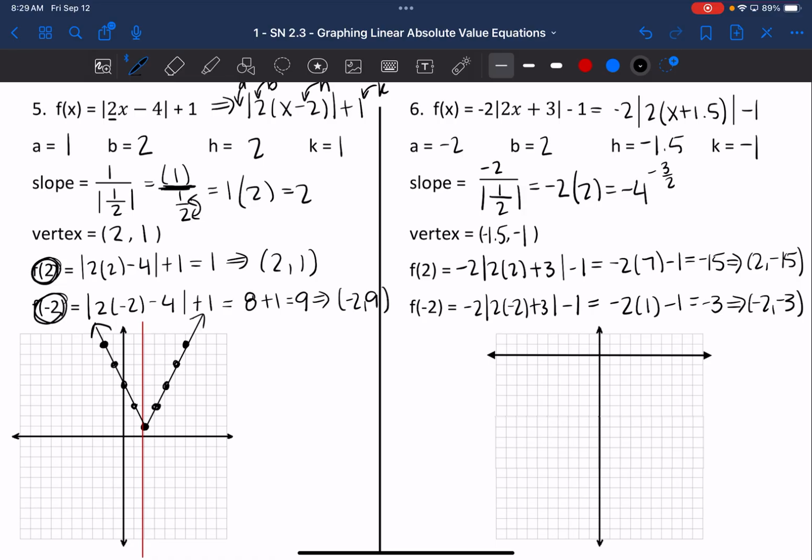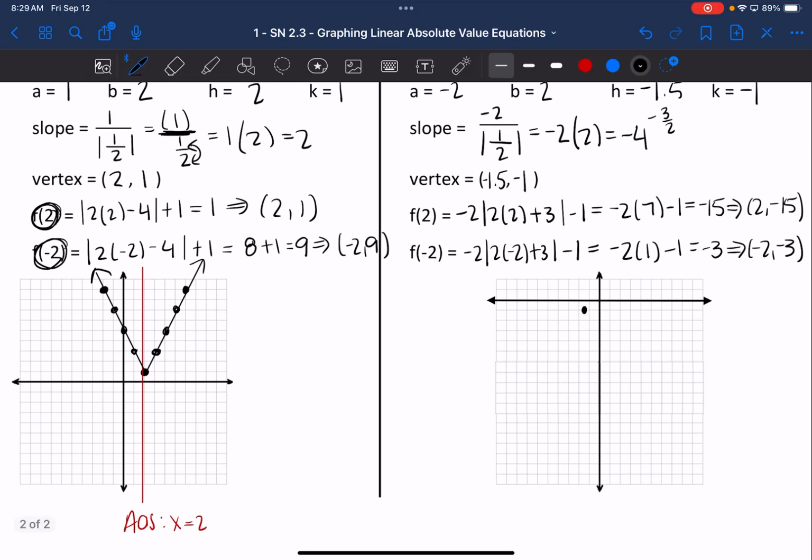All right, and then just like last time, we always plot what first? The vertex. Okay, so my vertex is going to be at negative 1.5, negative 1. So right in here. Okay, and then we said we would have points at positive 2, negative 15.